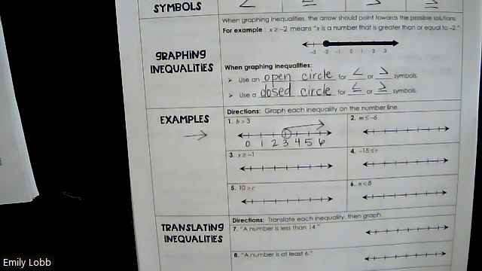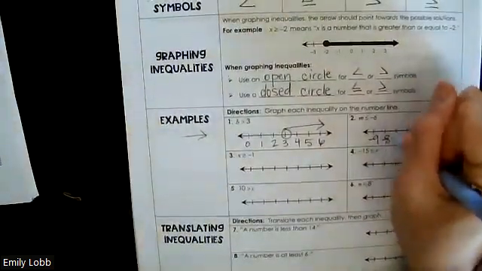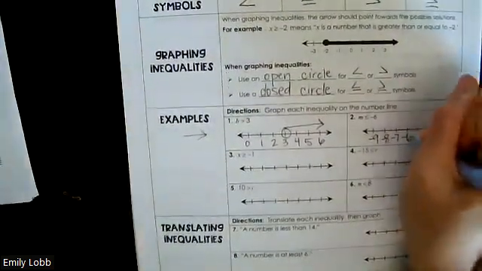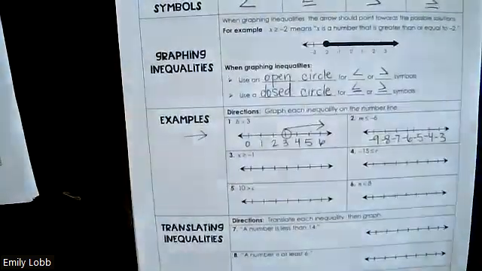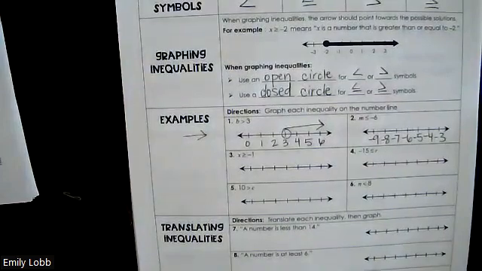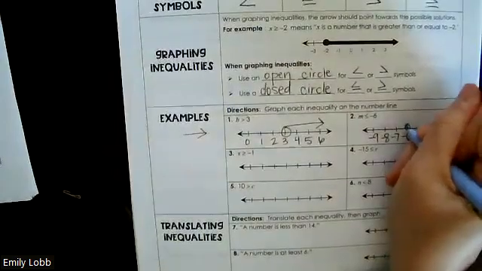Yes. Here, let's start with -9, -8, -7, -6, -5, -4, -3. If it's less than or equal to -6, do we have an open or closed circle? Closed circle at -6.